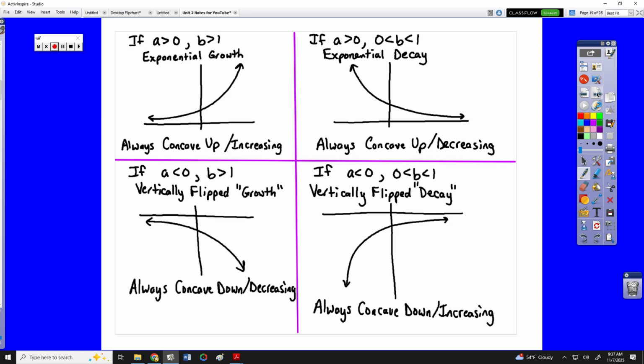We could have vertically flipped growth, which is where a is less than 0 and b is greater than 1. In that situation, the graph is always concave down and the graph is always decreasing. Or we could have vertically flipped decay. In that situation, again, a is negative, that caused the vertical flip, and b is between 0 and 1. That graph is always concave down and will always be increasing.